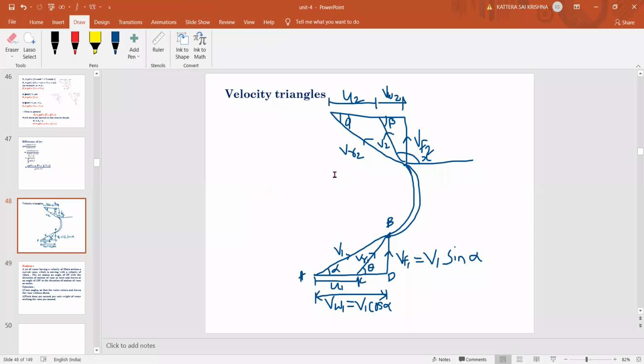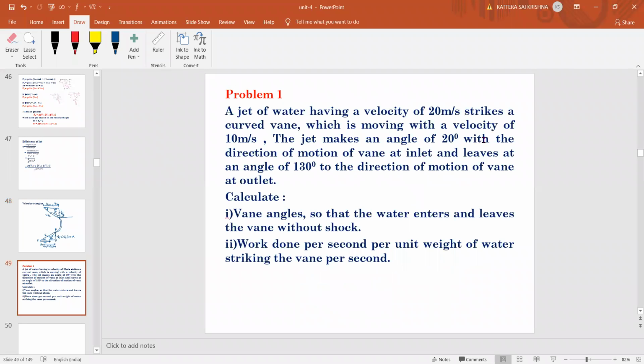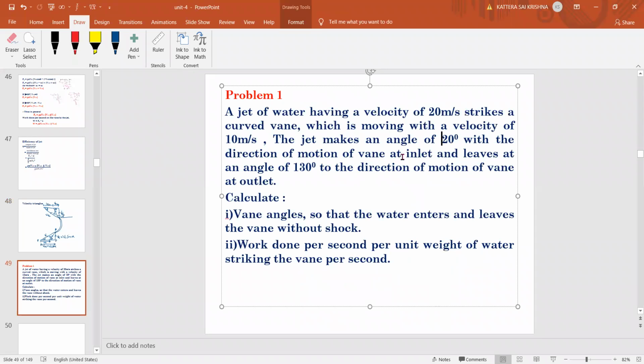Remember here what I said. The jet is coming with velocity V1, and the jet is making an angle of 20 degrees with the direction of motion of the vane at inlet. So at inlet it is 20 degrees and leaves at an angle of 130 degrees.